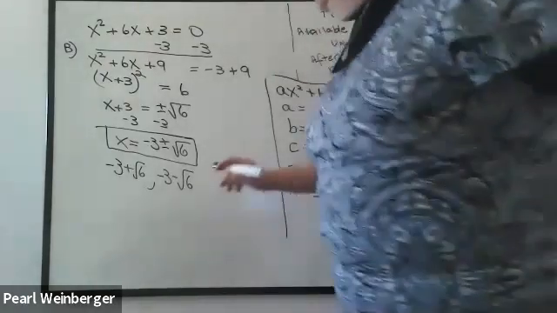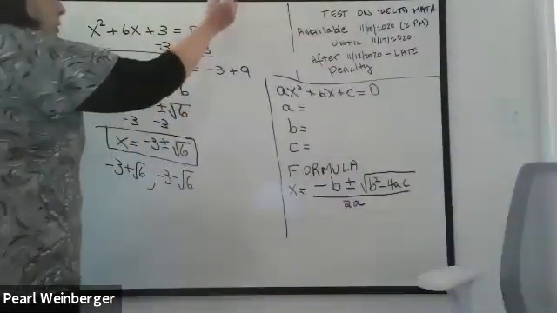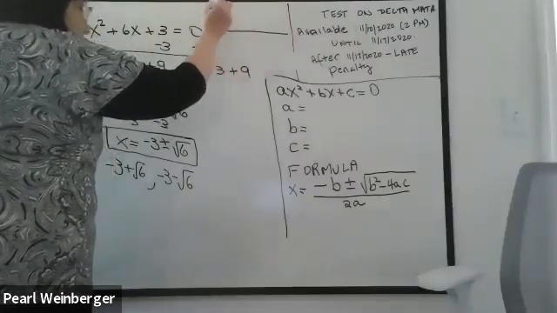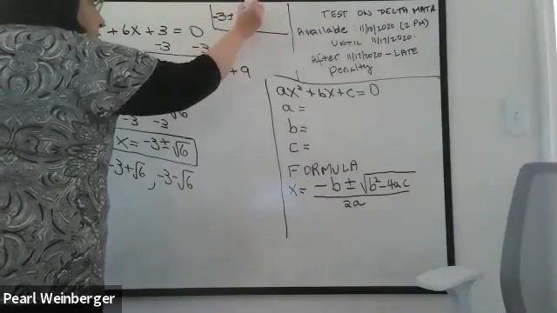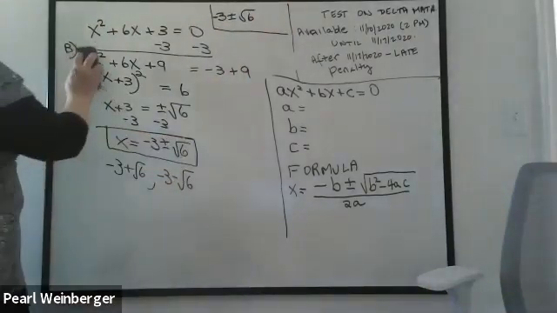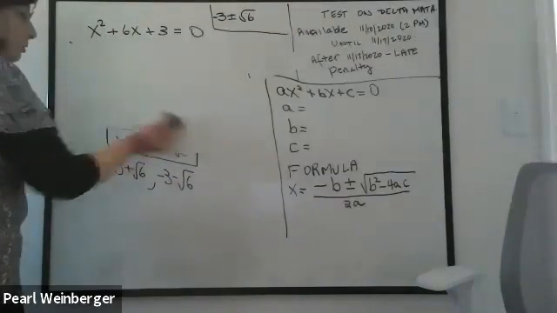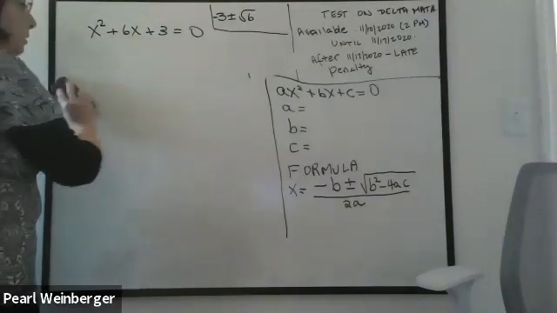Okay. Let's remember that our answers are, I'm going to put the answer right over here: negative 3 plus or minus the square root of 6. And let's use the formula to solve this. I'm going back to here. Obviously, you don't have to use all the methods.